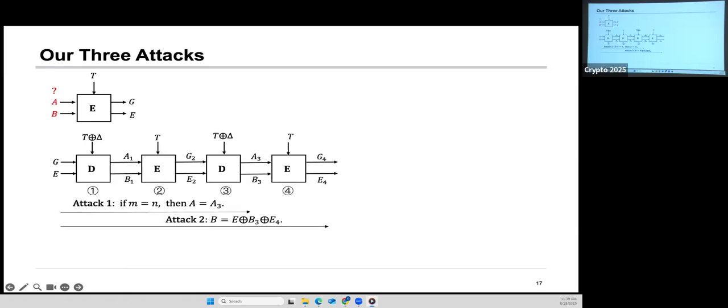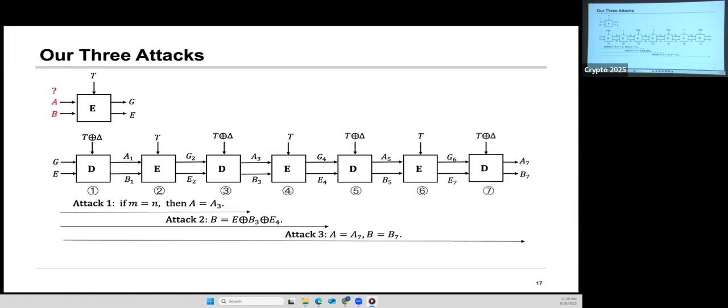This is attack 2. We can recover B with arbitrary length messages. This is attack 3. They follow a similar pattern, with the only difference being the number of queries. These 3 attacks are applicable to all versions of XCB.